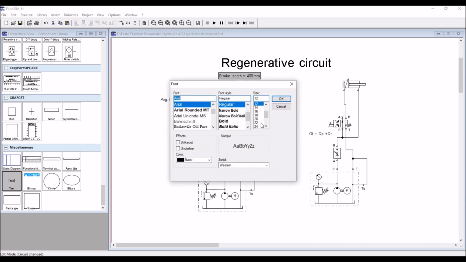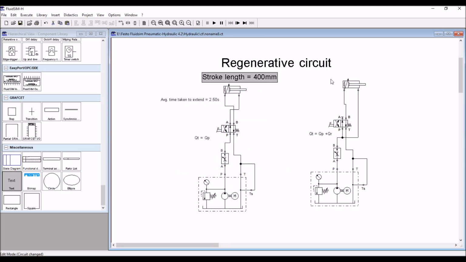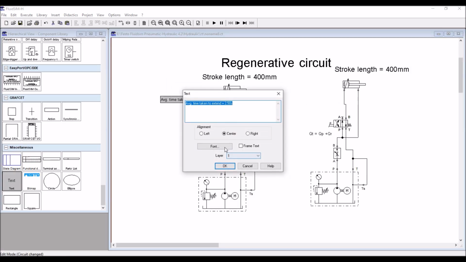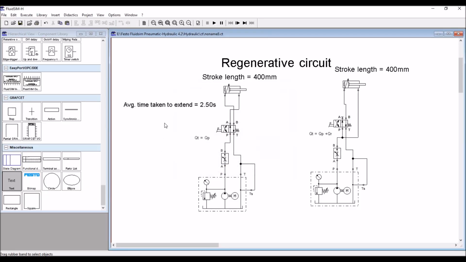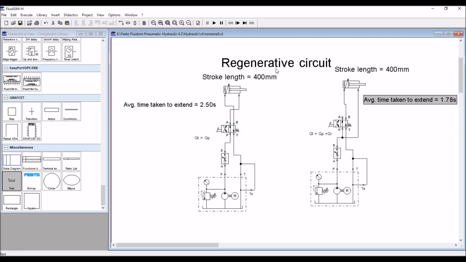This is also stroke length 400 mm, but here the average time taken is 2.5 seconds, but in this circuit the average time taken is 1.78 seconds. So how do we calculate velocity?